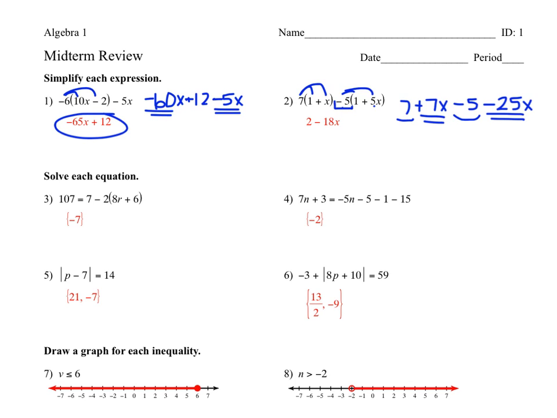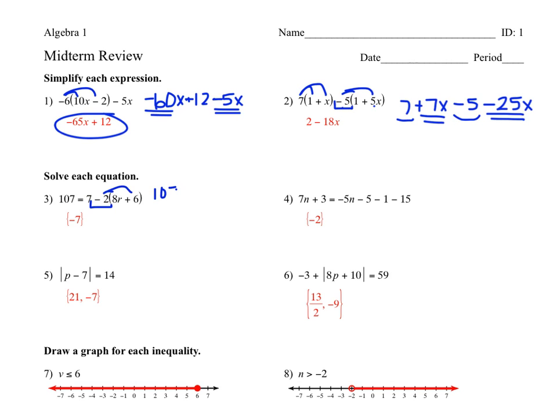All right. 3 and 4 are a little different because I actually am going to solve. So on these, I'm going to be using opposites to move things across the equal sign, and I'm probably going to be dividing to get x by itself. So still distribute first. On number 3, that's a negative 2 that's distributing.